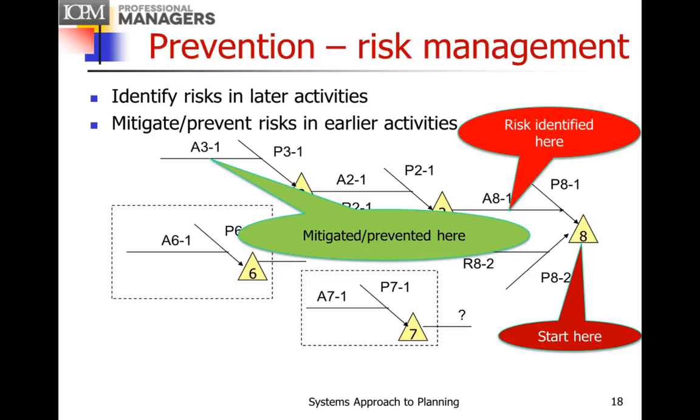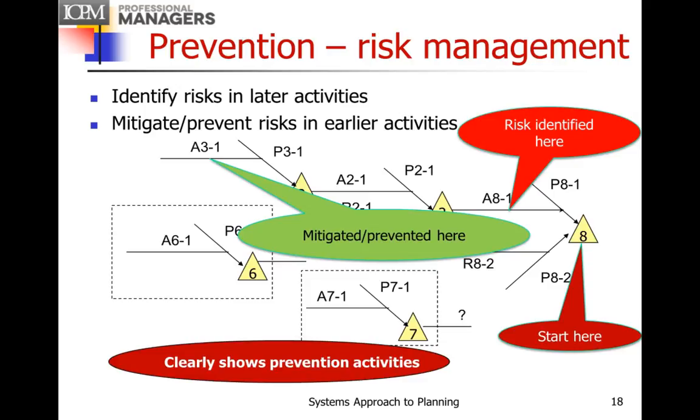So for example, a risk identified in A8-1, right there when you're planning it, you're going to mitigate or prevent that risk way up front in the timeline in A3-1. So this clearly shows the prevention activities, and the work packages in A8-1 and A3-1 will clearly show the risk where it's identified in A8 and where it's been mitigated in A3.